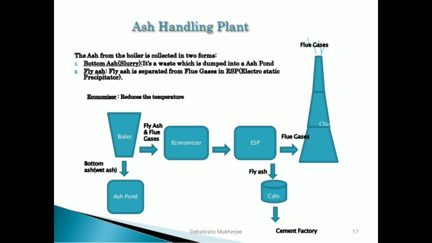This is the economizer and ESP, electrostatic precipitator. Why is it an electrostatic precipitator? Because in an electrostatic precipitator there are charging rods, which help charge the flue gases.